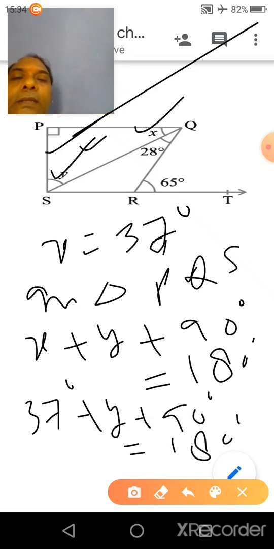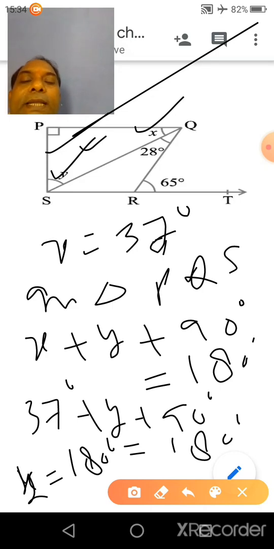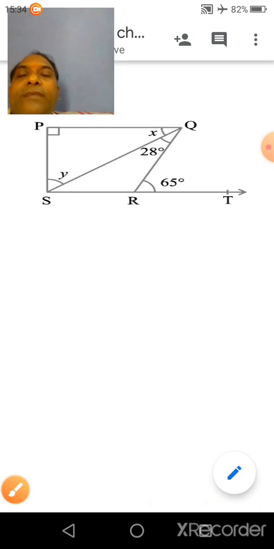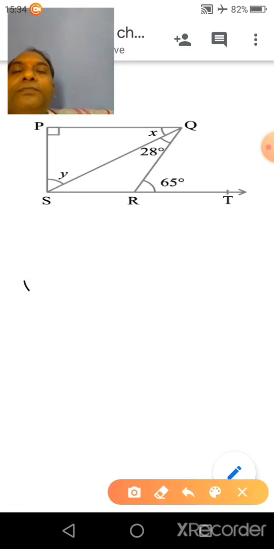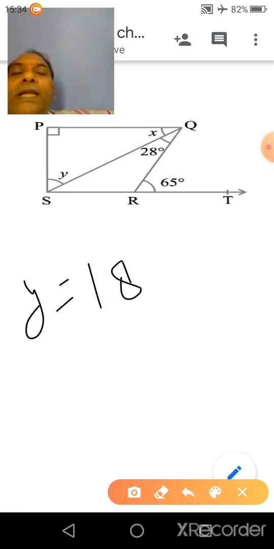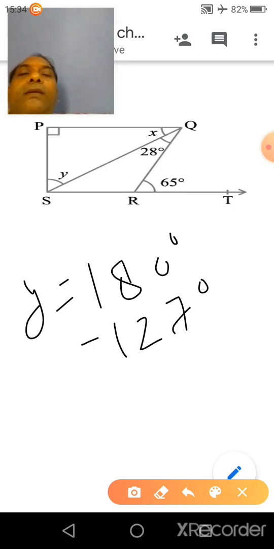So, sorry, y will be equal to 180 degree minus 127 degree, means y will be equal to 180 degree minus 127 degree.